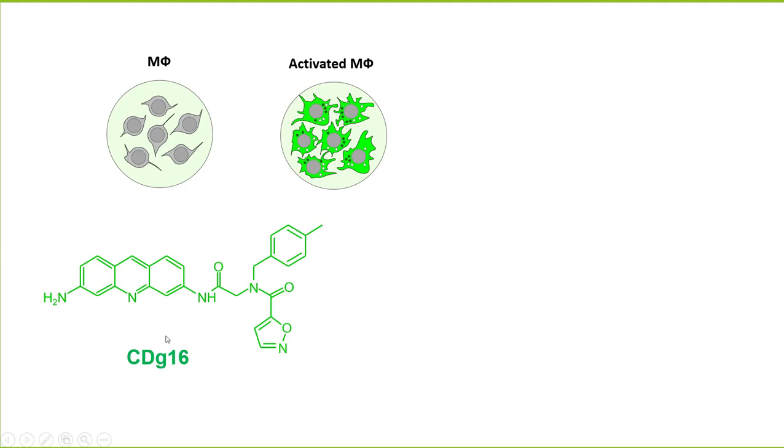So as you see, we give the compound a code with a number, similar to an antibody or CD number, together with the color code. So this means this compound is a green compound, the 16th compound we made so far. The biggest number we have for now is about CD20.